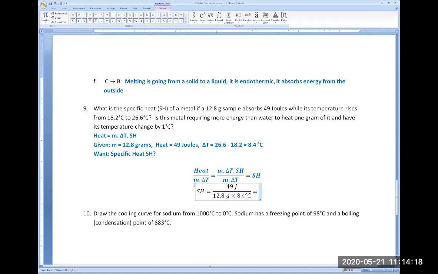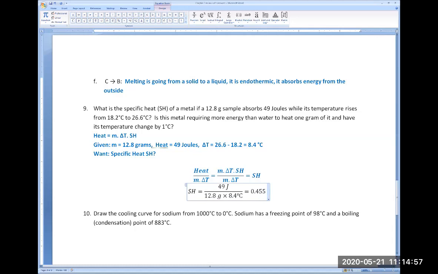Either it's 49 divided by 12.8 and divided again by 8.4, or it's 49 divided, open the parentheses, do 12.8 times 8.4, close the parentheses, because you have to tell your calculator you need to do this product before you divide with it. If you don't use the parentheses or divide with 8.4, then you will have a wrong answer. So be very careful with how you use your calculator.